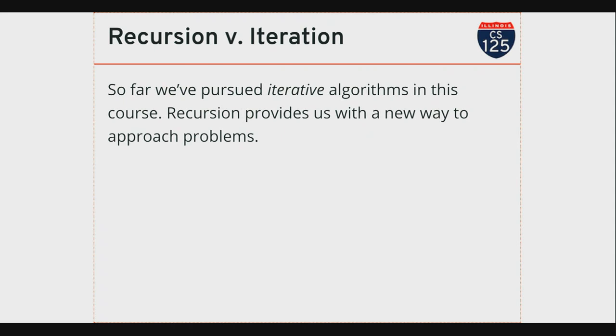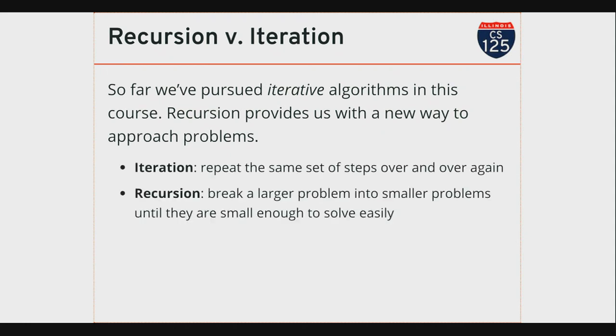I don't teach that because I don't think it's very useful. I think the better way to go through a list is to use an iterative loop. It's also a great chance to practice with references. Trees, on the other hand, are a great fit for recursion. So with iteration, I'm repeating the same steps over and over again until I'm done. With a recursive solution, I'm breaking the problem into smaller and smaller pieces until I find one that is small enough that I can solve it easily.